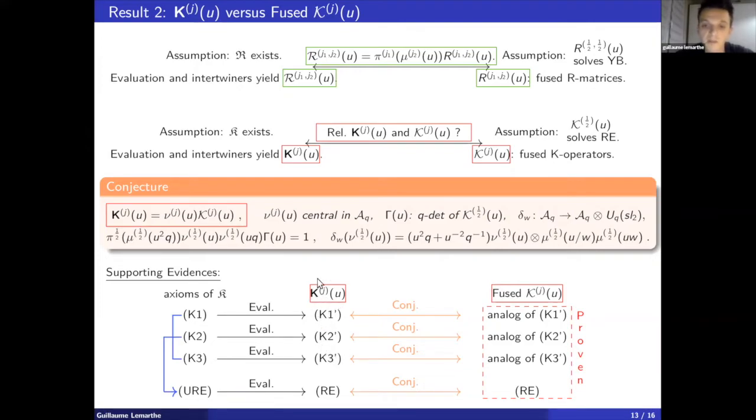And on the other hand, having constructed these fused Kj operators, we can actually prove analogs of these evaluated axioms, the Ki prime. And now, if you impose this conjecture, you can show that these equations imply that the Ki prime are satisfied too. So in that sense, it gives supporting evidence for the existence of K.